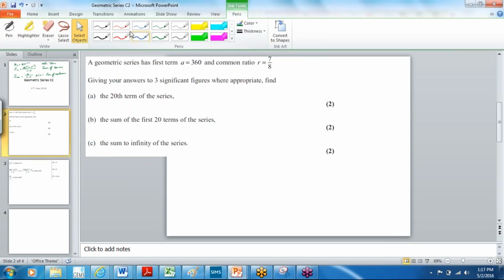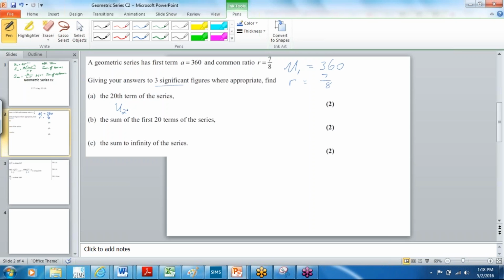That'll help. Okay, so the first question says a geometric series has first term, u1, a equals 360. So the first term is 360. The common ratio is 7 over 8, and that is less than 1. Giving your answers to 3 significant figures where appropriate, find the 20th term.